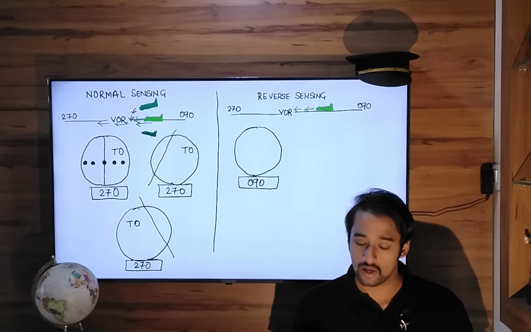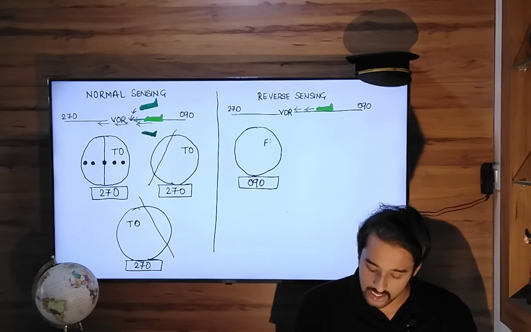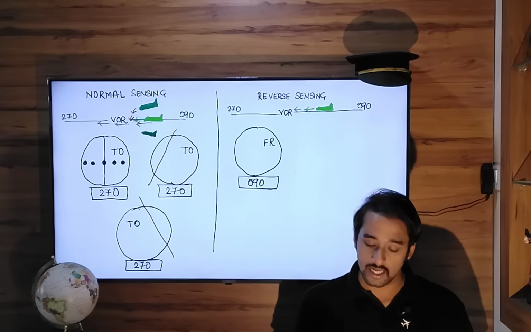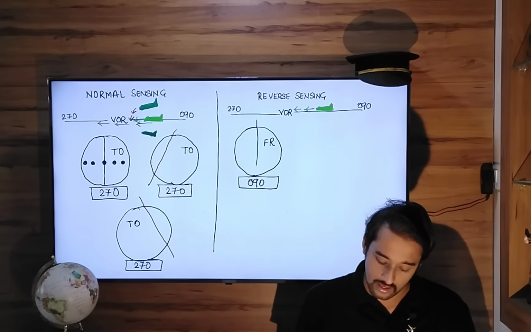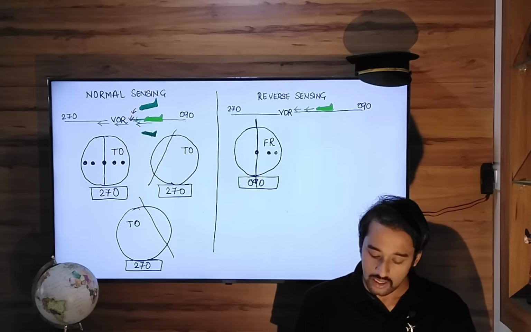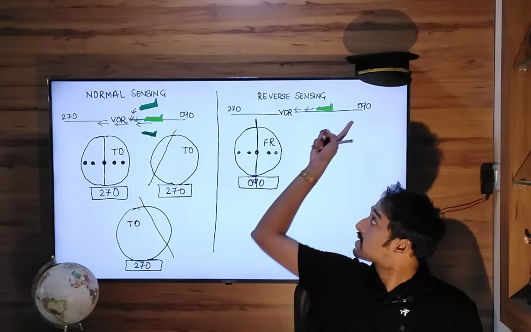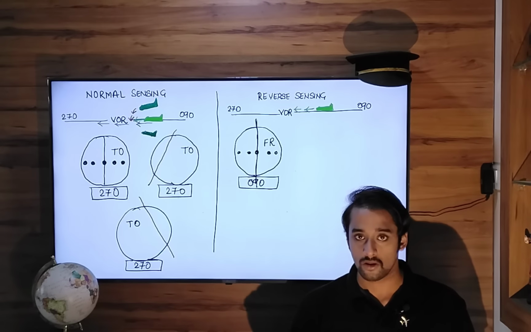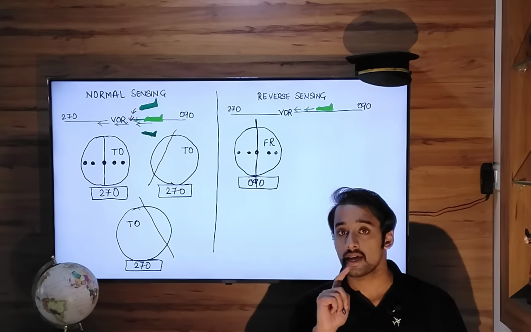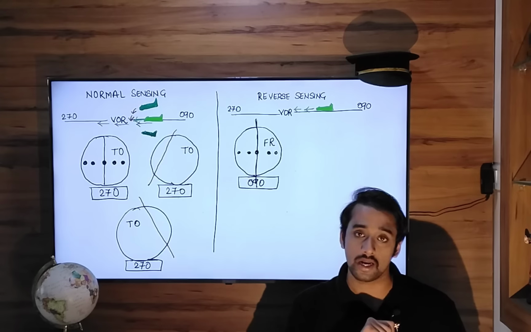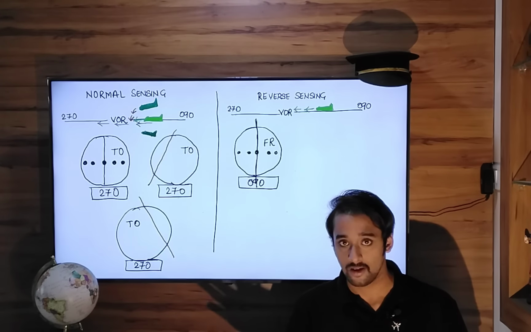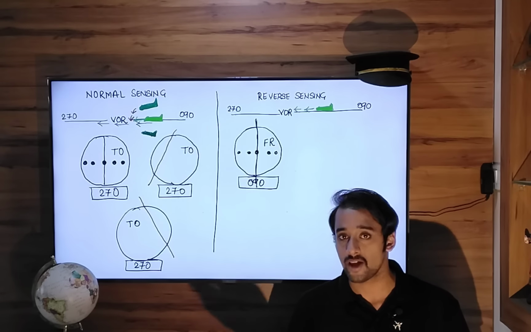If you put radial 090, you will first get a FROM indication, and the CDI needle will remain in the center, because you are correctly established on the center line of this radial 090. But the indication you are getting is FROM, whereas the indication you are expected to get is TO, because you are flying towards the station, not from the station.